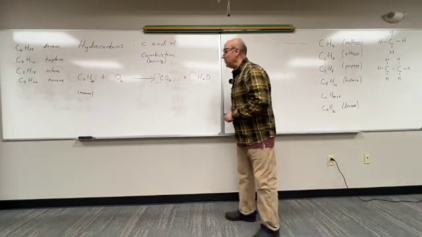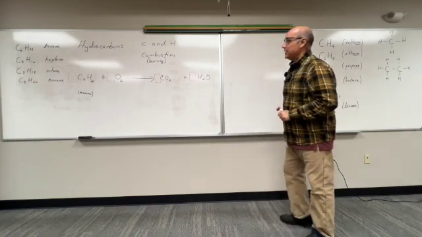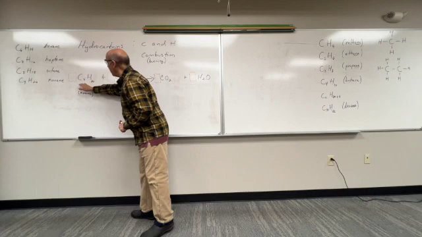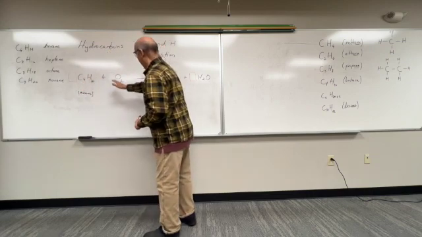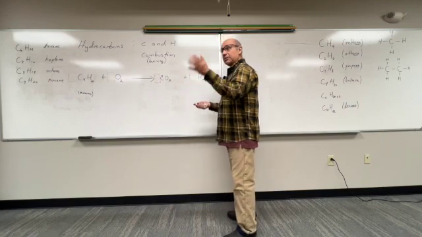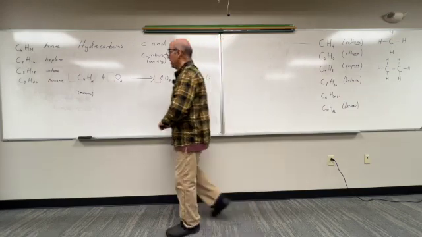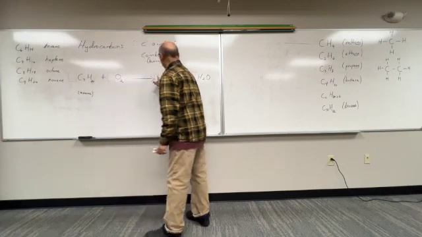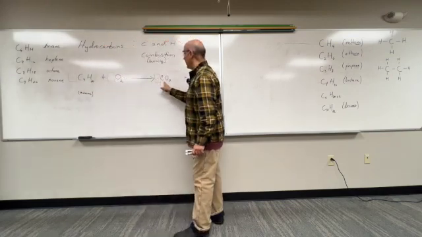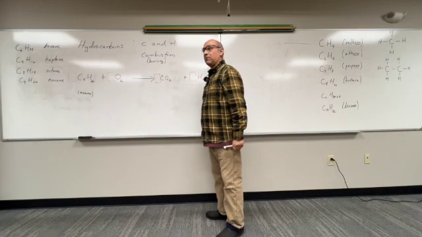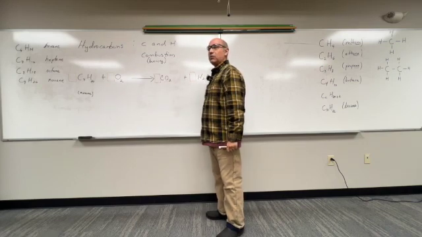So here we go. What numbers am I going to put here so that I have the same amount of each atom on both sides of the arrow? Well, let's start simple. Let's start with the carbon. We already know that I have 9 carbons here, right? Can I put a number here that will give me 9 carbons? I have only 1, so what do I have to do?